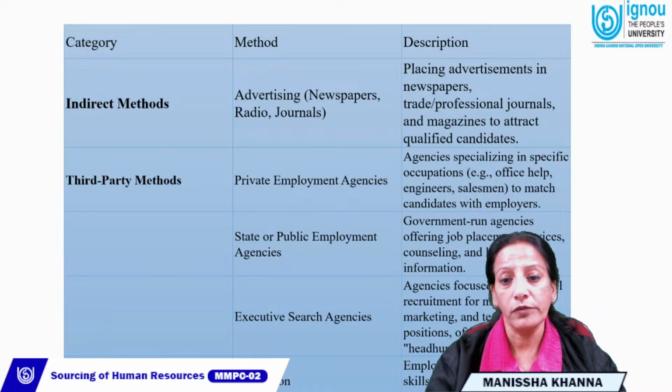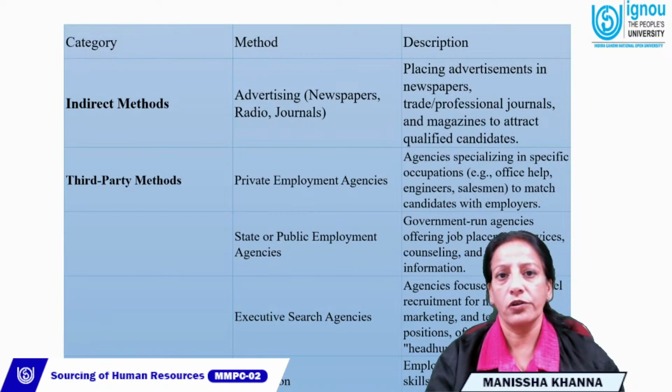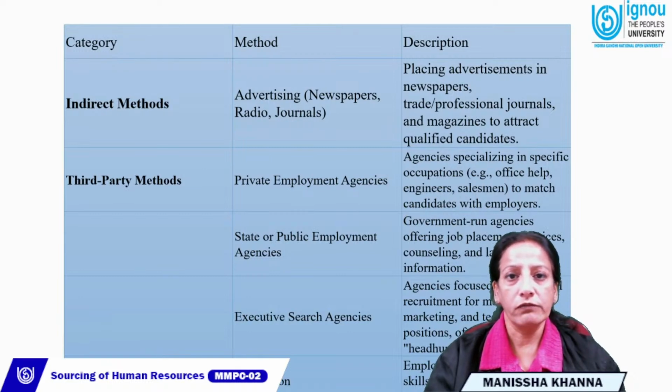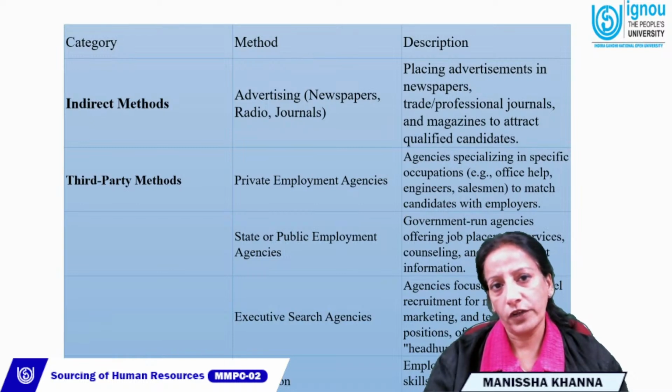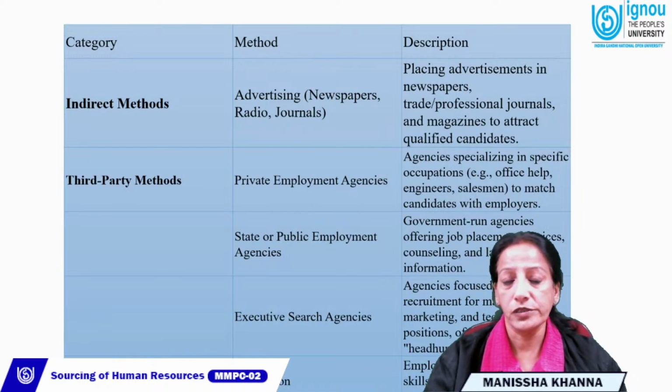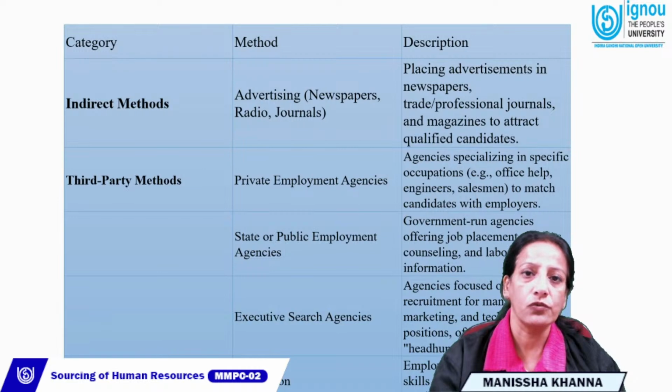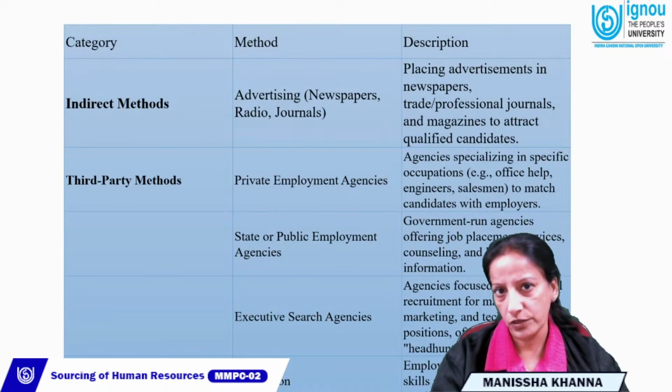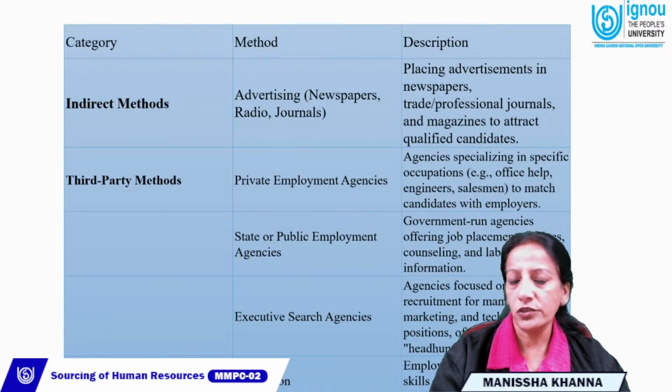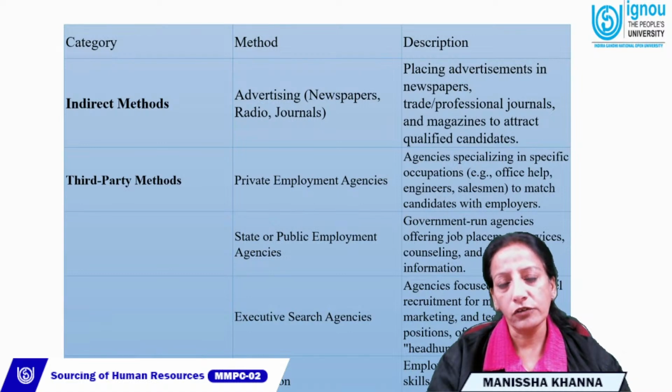Now, private employment agencies specialize in specific occupations. For example, security personnel. We can find employment agencies which are specialized in only providing security personnel to the organizations, or to the events, or even to public or private events both.